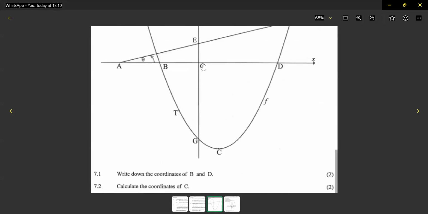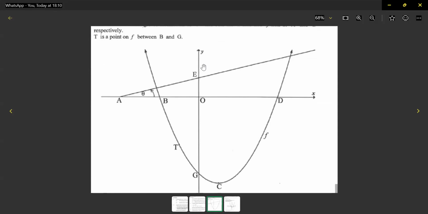Now the question is, how are you going to find the coordinates of T? Well, you're going to use the fact that the tangent line that touches the function of f at the point T is going to be perpendicular to the line AE.